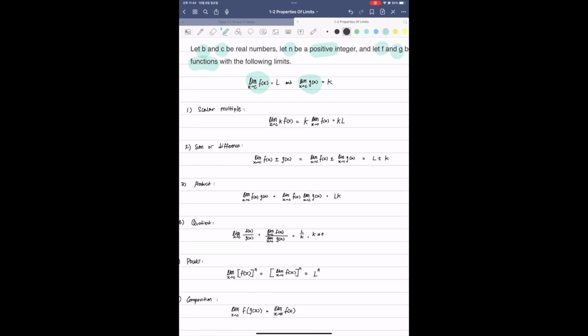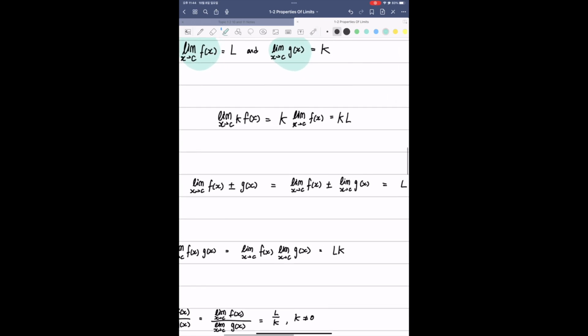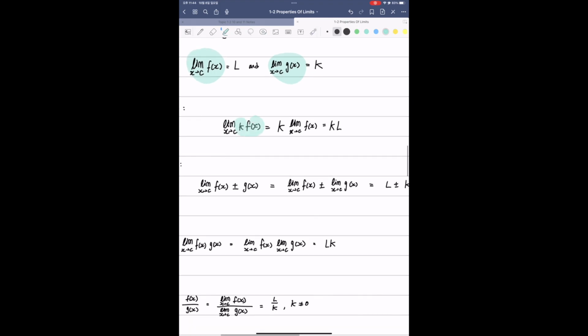For scalar multiple, if the limit is multiplying a number and a function like this, then this equals the number multiplying the limit of the function, and this eventually equals k times L.